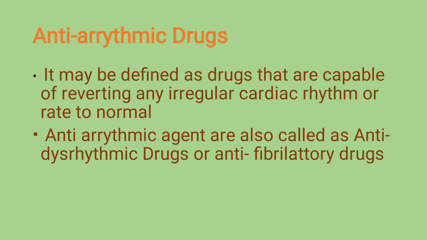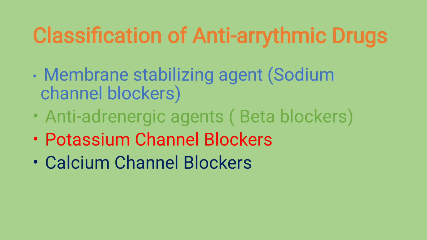Then we will discuss anti-arrhythmic drugs. What are anti-arrhythmic drugs? They may be defined as drugs that are capable of reverting any irregular cardiac rhythm or rate to normal. Antiarrhythmic agents are also called anti-dysrhythmic drugs or antifibrillatory drugs.